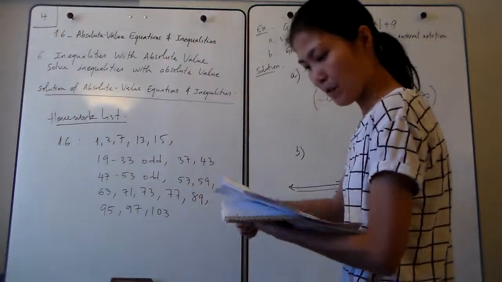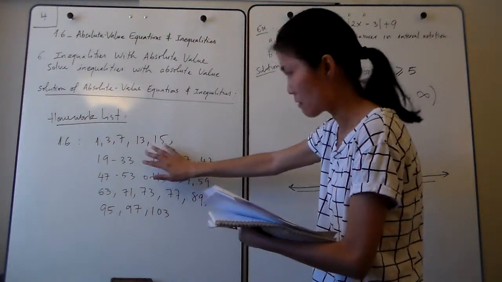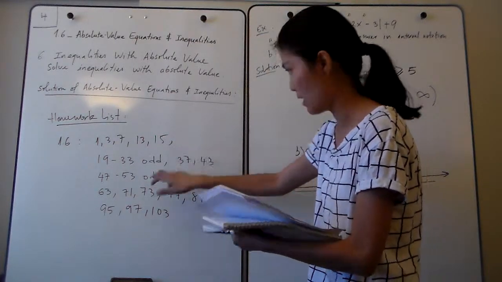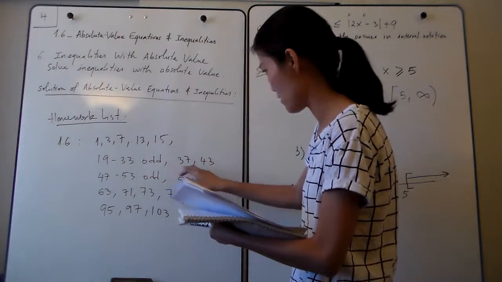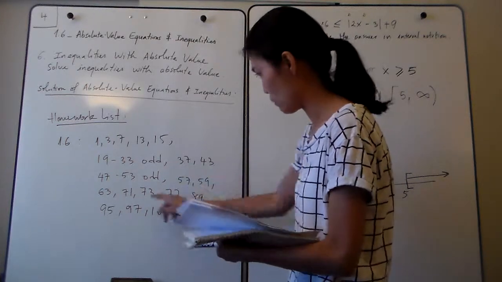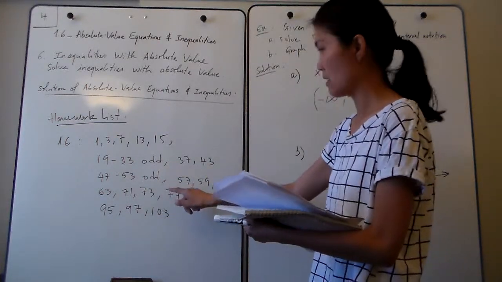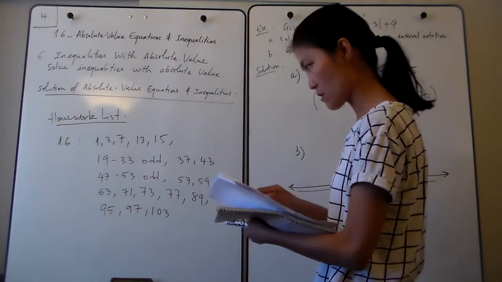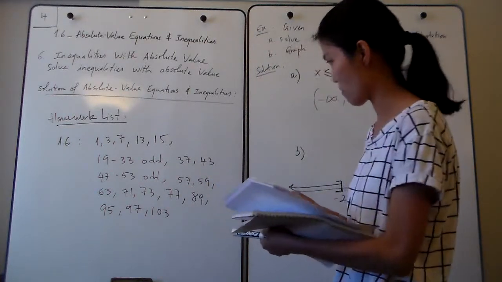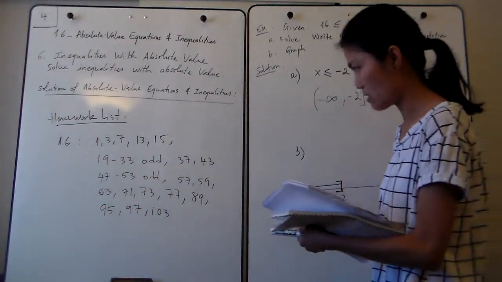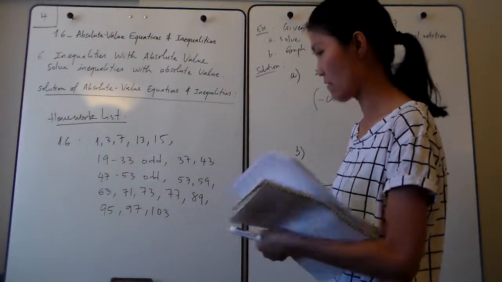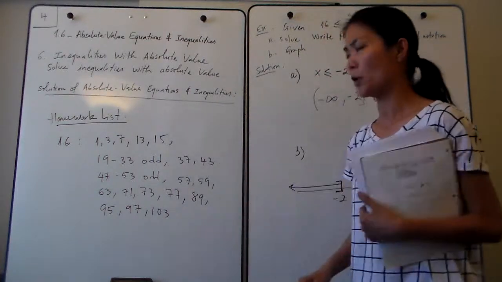Let me verify. 1, 3, 7, 13, 15, 19 to 33 odd, 37, 43, 47 to 53 odd, 57, 59, 63, 71, 73, 77, 89, 95, 97, 103. So this is the homework list.